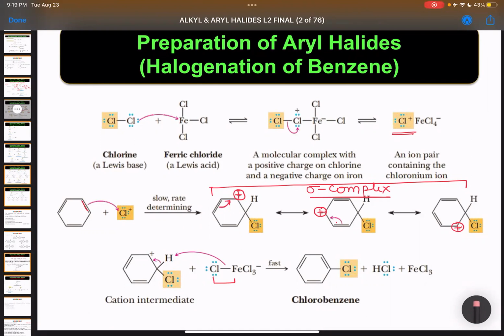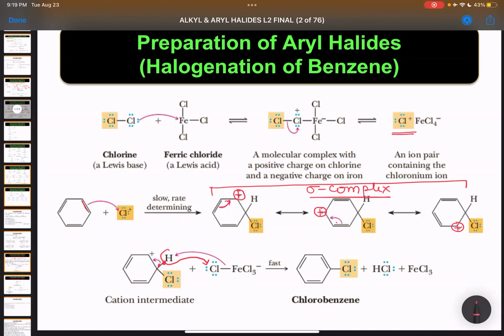That Cl minus, because these reactions are reversible, can come and break away this H plus from the benzene ring. And if it happens, what will be the final result? So the Cl minus will come.